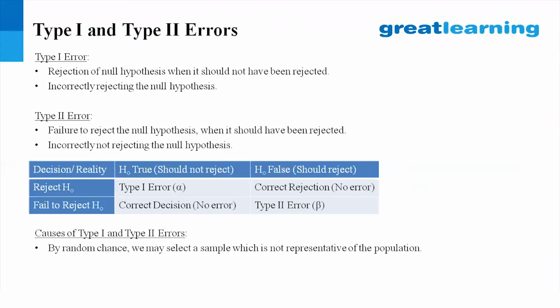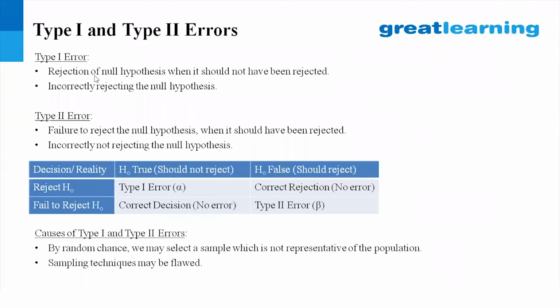So even though you're doing the right statistical tests, your sampling has not been correct, so what your sample says is not actually true about the population. Hence you may commit a type 1 or a type 2 error. This is another way of saying that your sampling techniques may be flawed. So you're not actually taking the right sample.